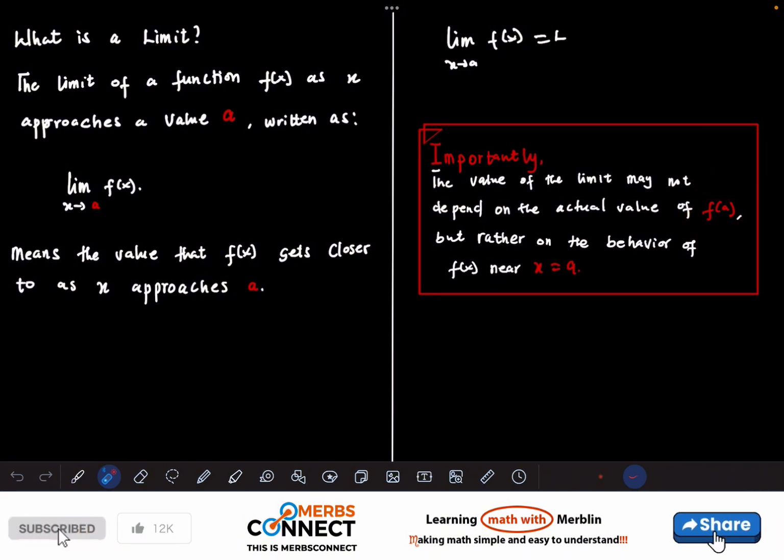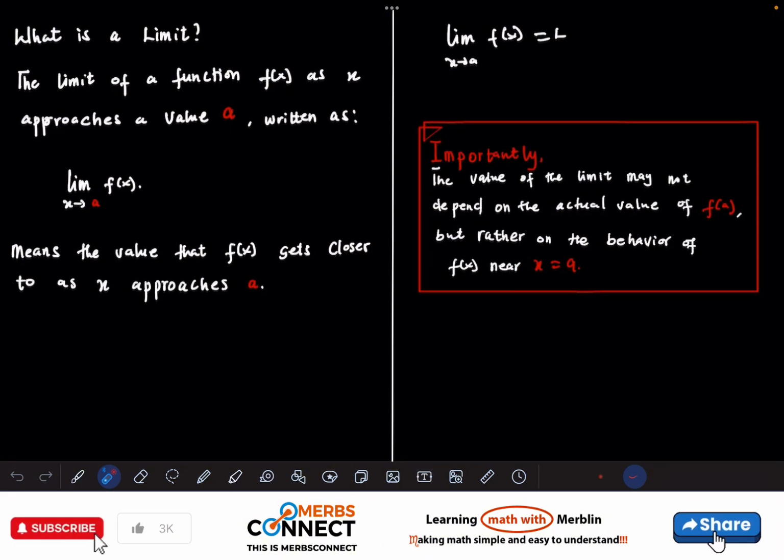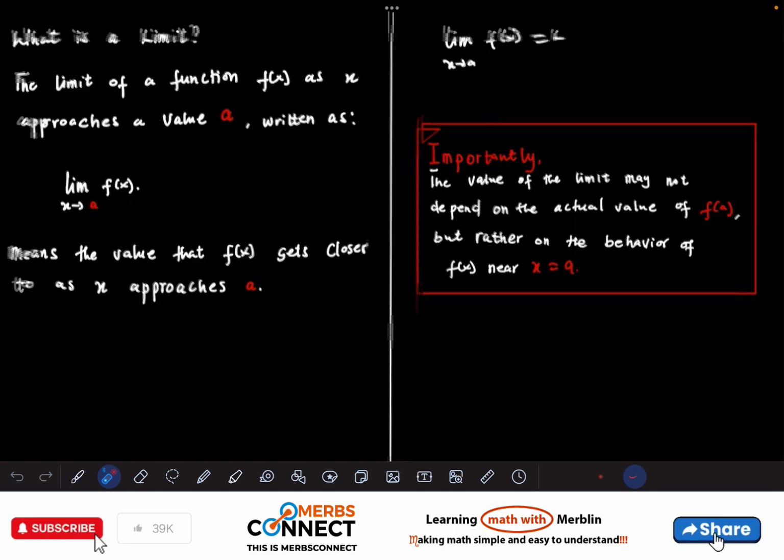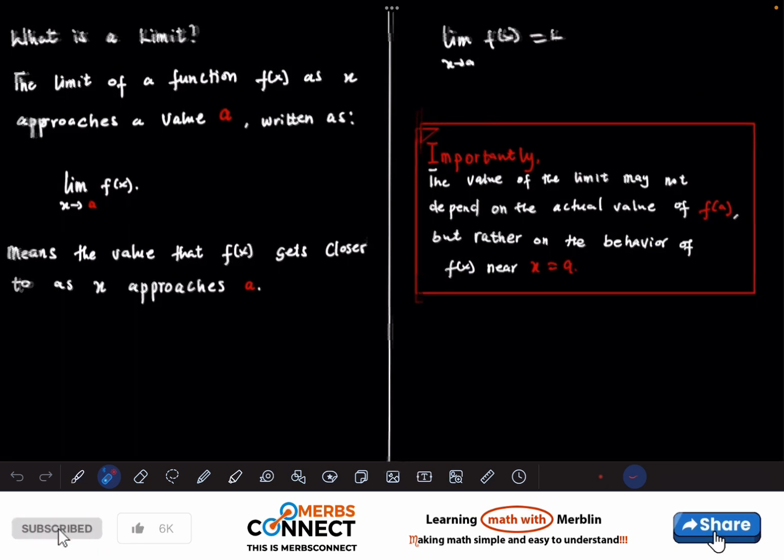We will look at the properties of limits and you will understand it better. The idea is that we want to look at the function f of x and what its behavior will be when we are getting close to a. Now let's take this example to understand what I'm trying to say with regards to limits.